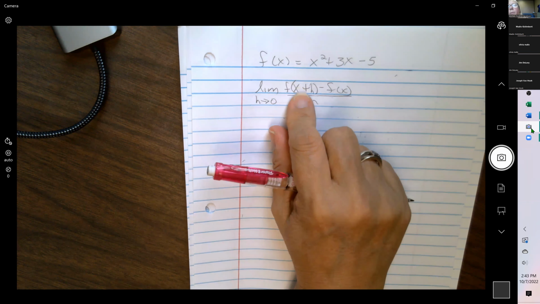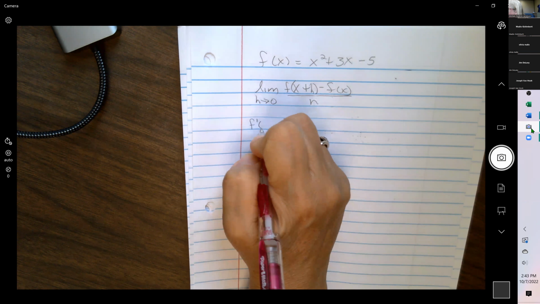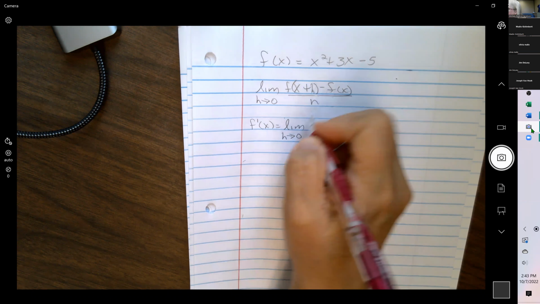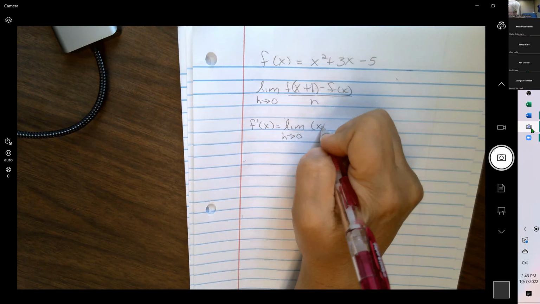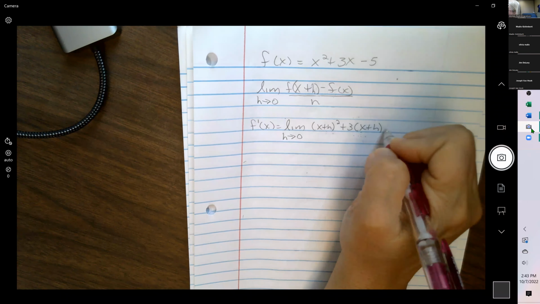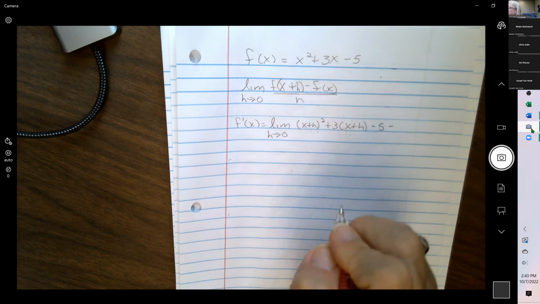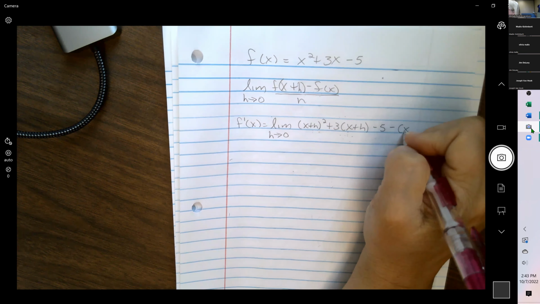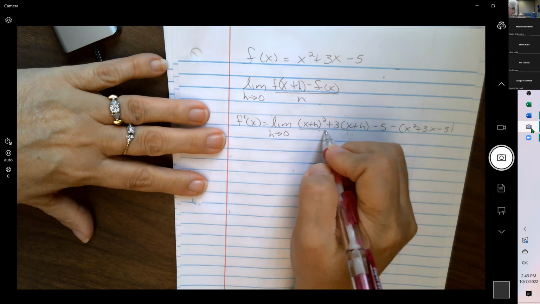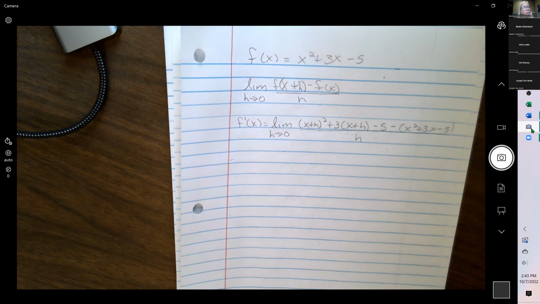So for this one, we want to put x plus h into the whole function first. x plus h squared plus 3 times x plus h minus 5. And then you want to subtract the original function. Any questions on that part?